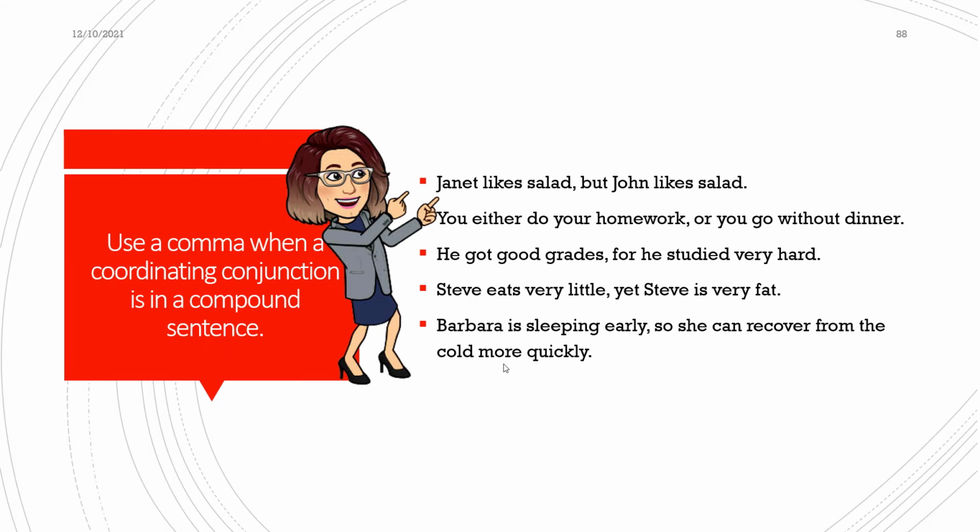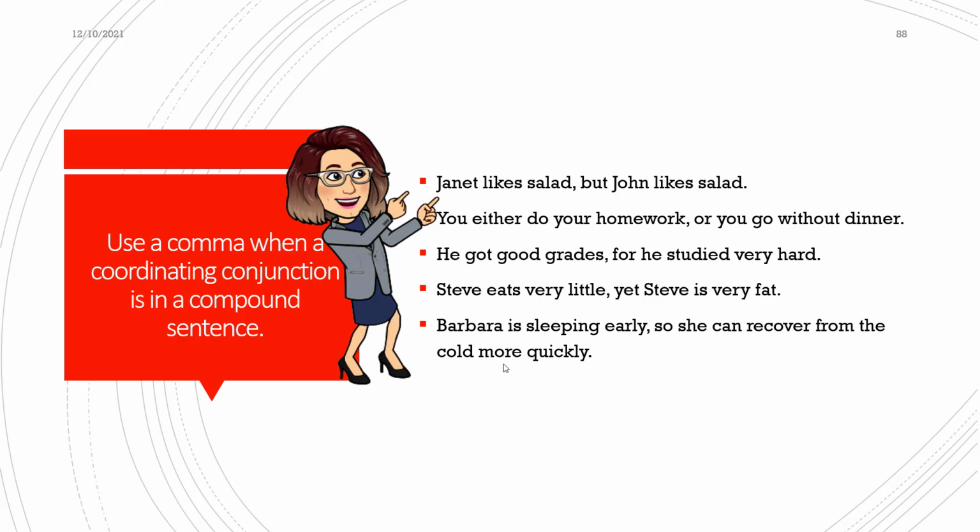That's easier to remember. So here you've got more FANBOYS: yet, but, or, for. Janet likes salad, comma, but John likes salad. Oh, they both like salad. Oh well, then you could say John and Janet like salad. This whole thing doesn't make sense. I meant to say Janet likes salad, but John likes steak.